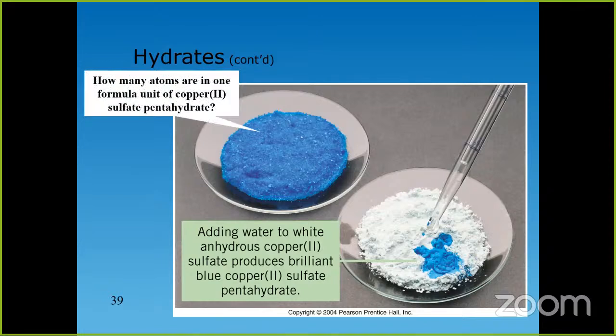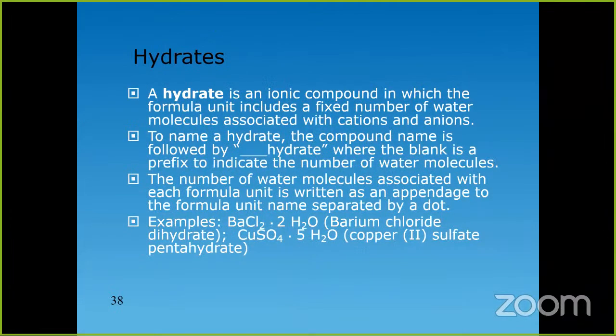The thing about hydrates is that it's very easy to remove the water from the compound. So we're going to use the CuSO4 5H2O example. Oh, and by the way, going back to this, something very important: there is no way of predicting the number of water molecules that will be formed along with the ionic part, right?